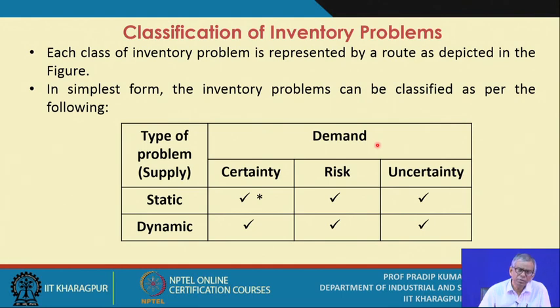Only in the rarest of rare cases will you find that you are not getting any idea about the demand level. Barring those few cases, in the majority of cases, even if you do not know the distribution of the demand, you at least have some information. Sometimes this problem is referred to as distribution free analysis.